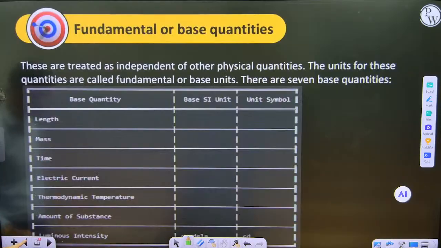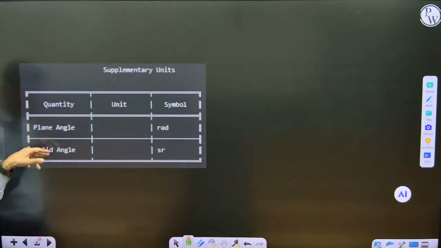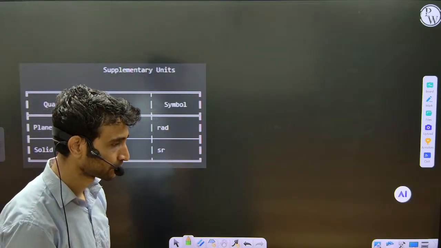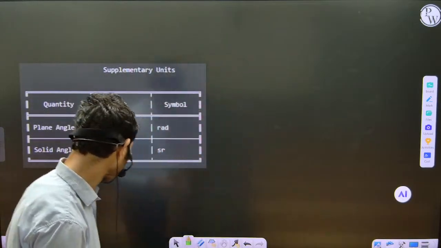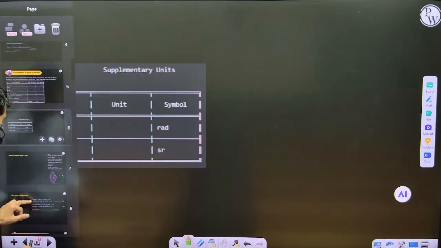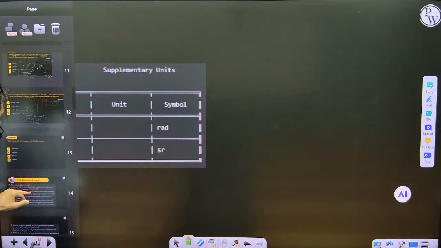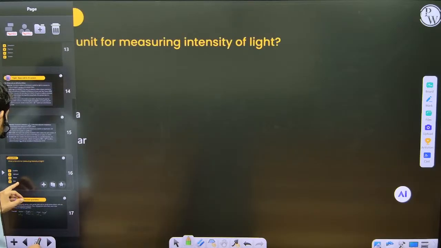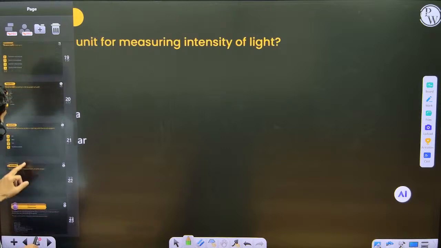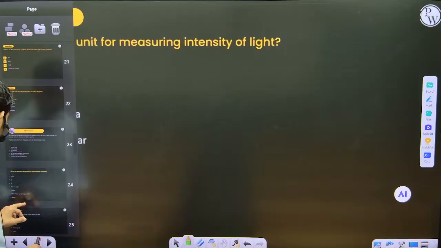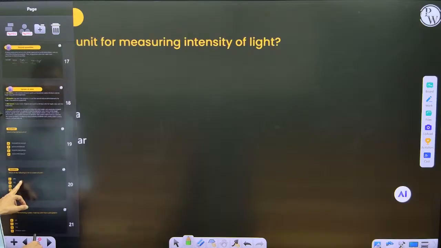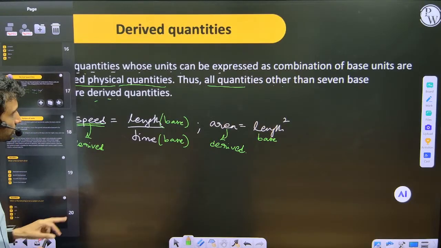Other than these 7 and these 2 more, that makes 9, everything else falls under derived quantities.